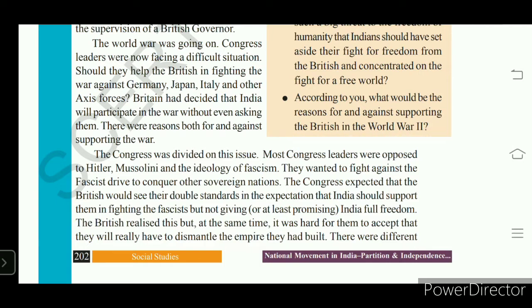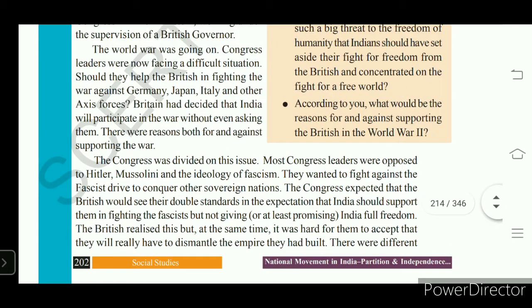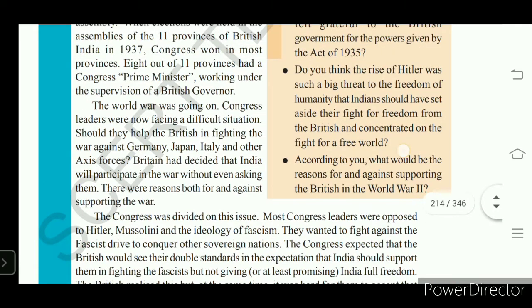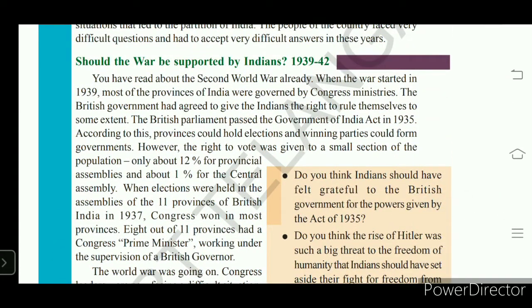And we were under colonial rule. We should fight against Britain because it is a colonial master to us. That is our enemy. This is the reason why Indians should not support. Okay, whether we have to support the British in the Second World War.